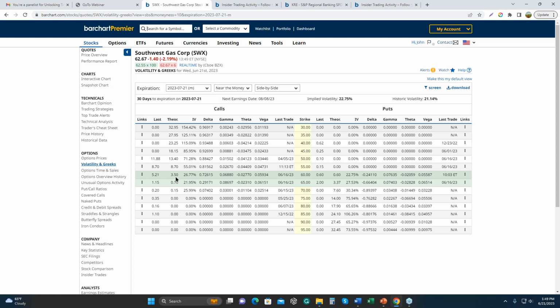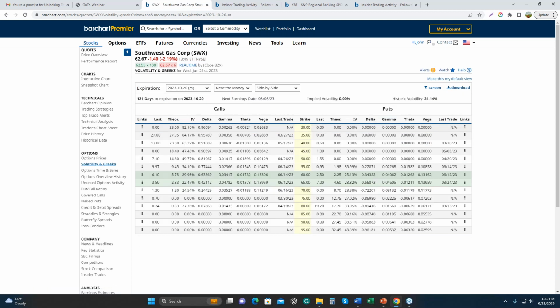For me to make money, I might need to get a $3 or $4 movement out of the stock. That might not happen in the next 30 days. But maybe over the next quarter, I might get a little bit more price movement. But maybe I don't want to spend $10, or in this case it looks like $6 or $7, for a call.